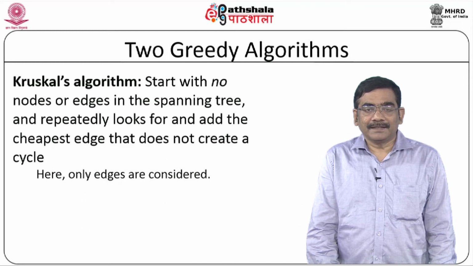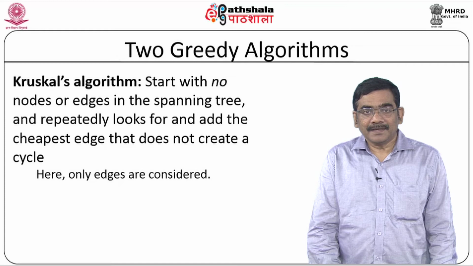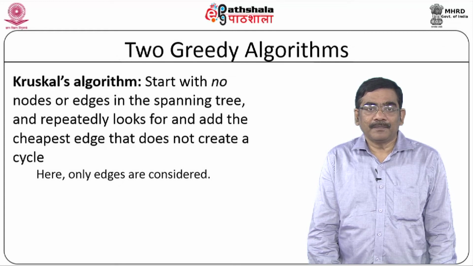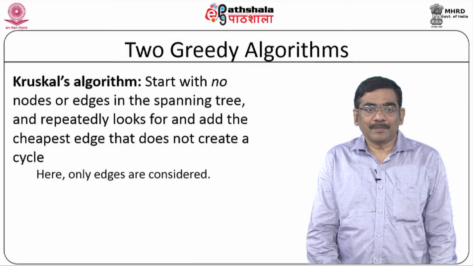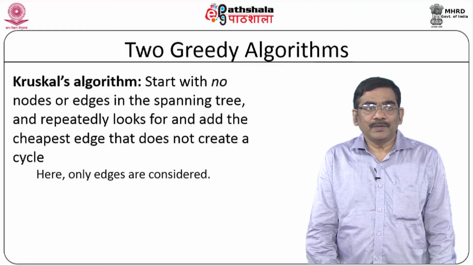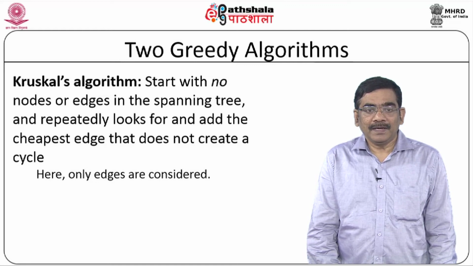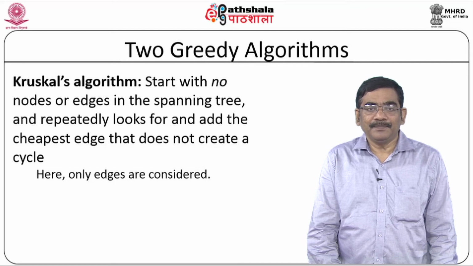How to construct this? As we discussed earlier, brute force is not a possibility, because for a larger number of nodes, construction of the minimum cost spanning tree is difficult. Therefore, we are resorting to the greedy approach. We will be using two algorithms. One algorithm is called Kruskal algorithm, where we start with no nodes or edges in the spanning tree.